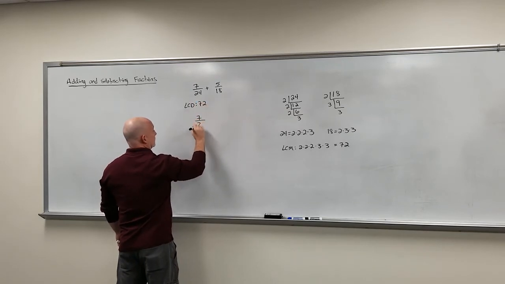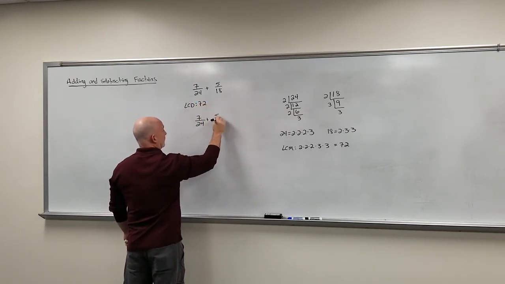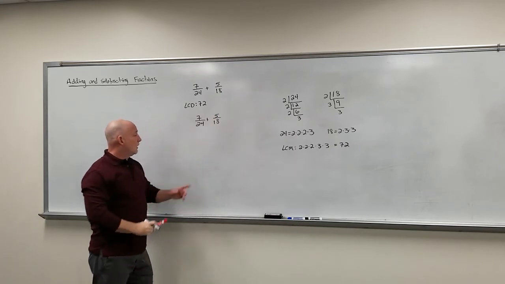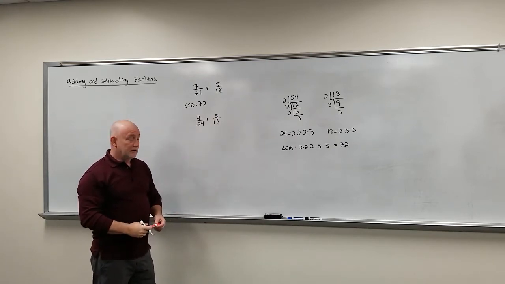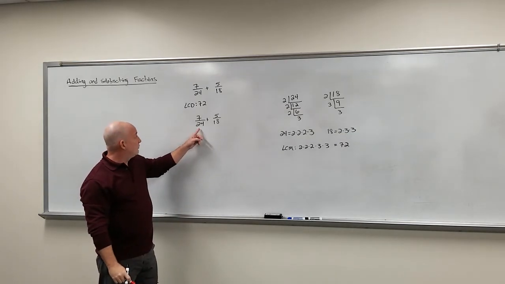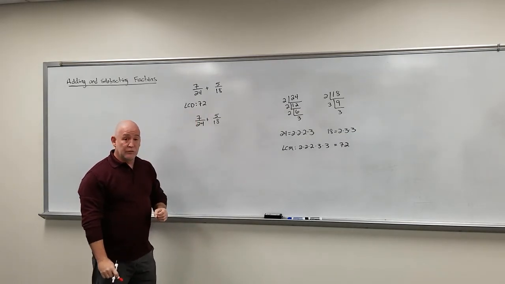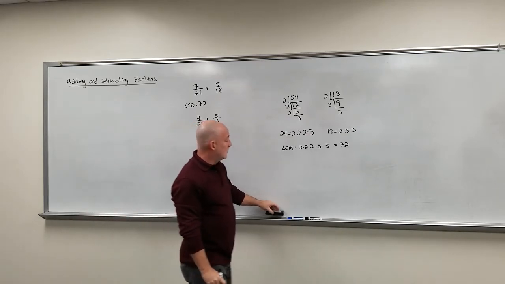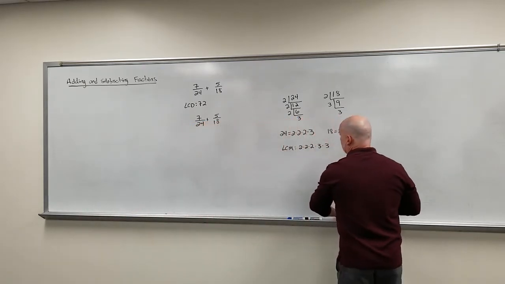4 plus 5 over 18. Now, when our numbers get fairly large like this, it may not be an easy question to answer. What do I have to multiply 24 by to be 72? Well, here's a neat little trick. Let me get this 72 out of the way here.